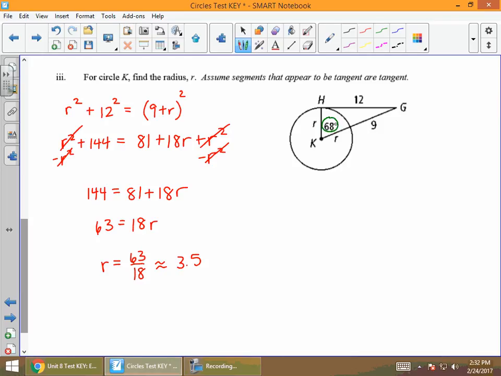So if I try to use trig here, if I try to use SOHCAHTOA, and I want to find R, so if I'm looking over here at R, I have my opposite side and my adjacent side. So that would tell me that I'm going to use tangent. So I would try the tangent of 68 degrees. And the tangent of 68 is equal to the opposite 12 over the adjacent, which is R.